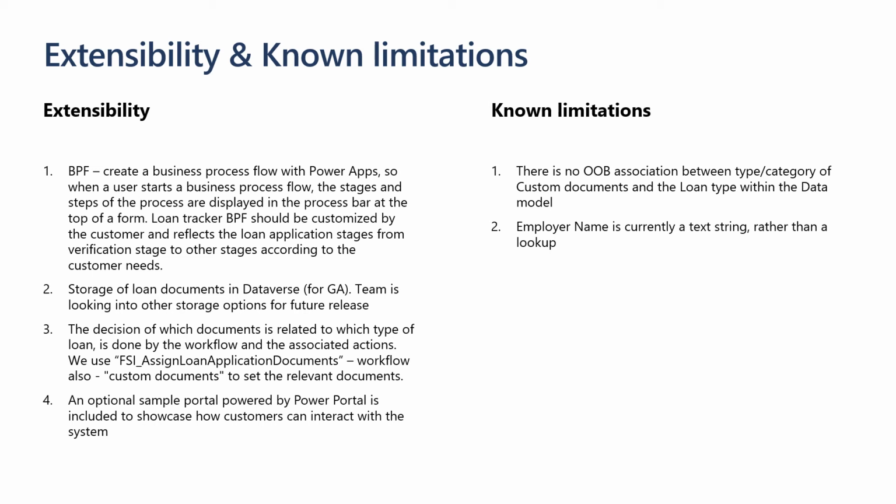The decision of which document is related to which type of loan is done by different workflows and associated actions, so it can also be configured to set the relevant documents options. As I mentioned on the previous slides, an optional sample portal powered by Power Portal is included, so you can utilize it and customize it for your needs. And about the limitations, you might also want to have the employer name as a lookup, which is a text string right now. So you can easily make those changes.